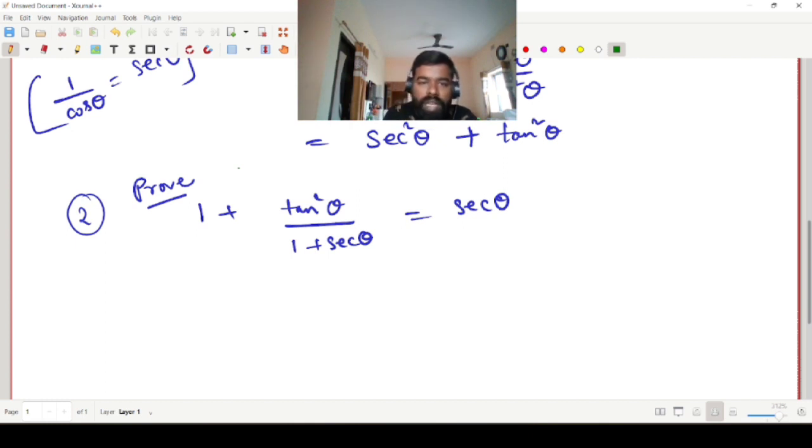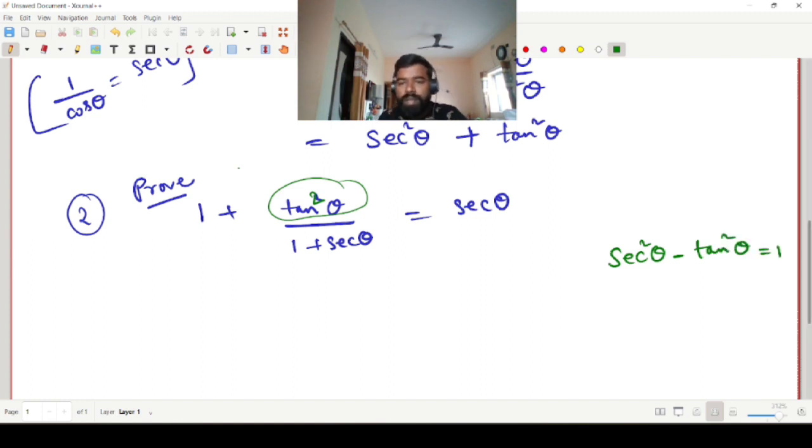So as I'm seeing here that this is tan square, okay, so we have this formula, that is sec square minus tan square equal to 1. We know this, and from here I will try to find tan square.